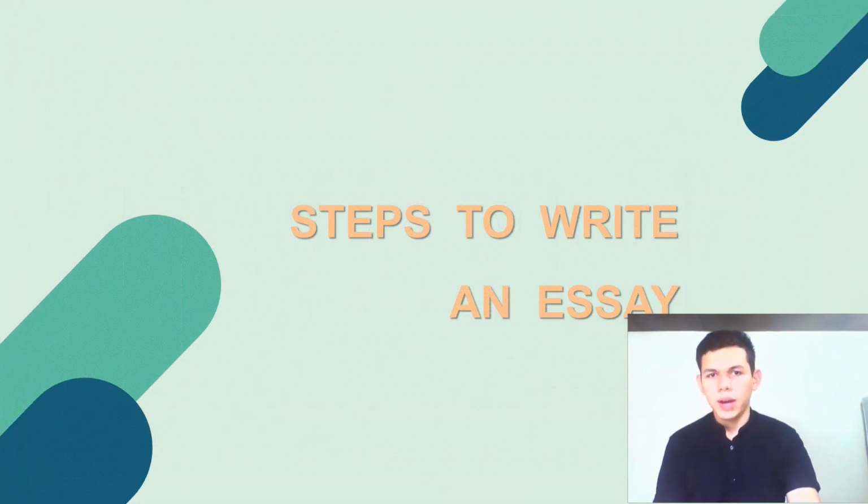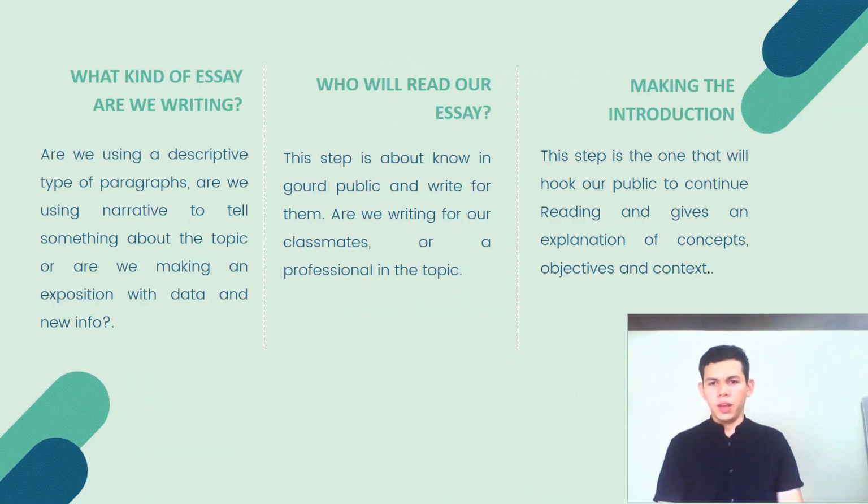Now we are talking about the steps to write an essay. The first step is identifying what kind of essay we want, and we can know this by using paragraphs. We studied paragraphs before, and we can use three types of paragraph. There is a descriptive paragraph, in which we talk about a topic, divide it into subtopics, and talk about one of them.